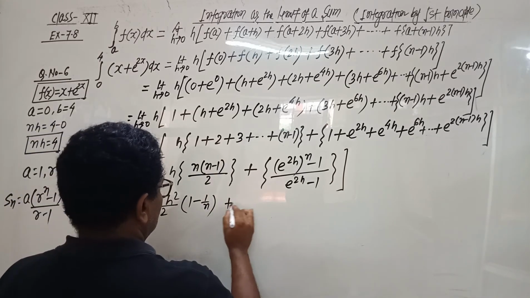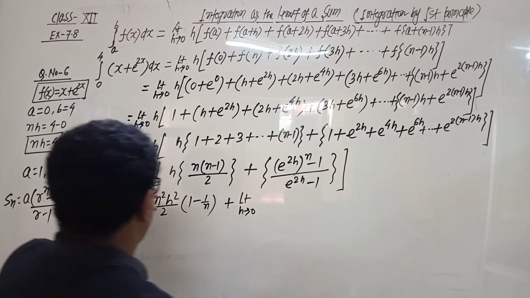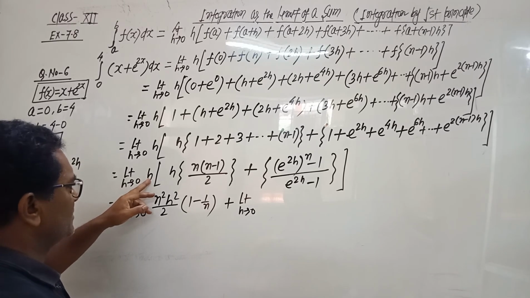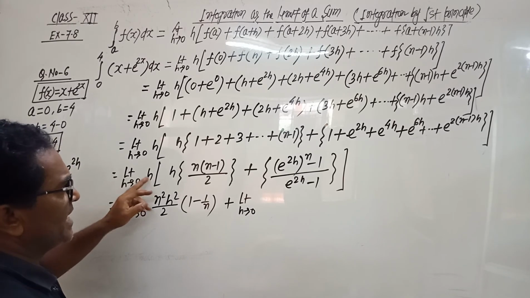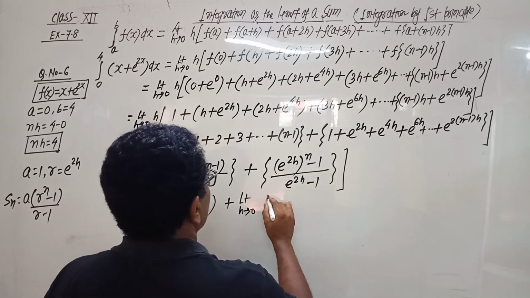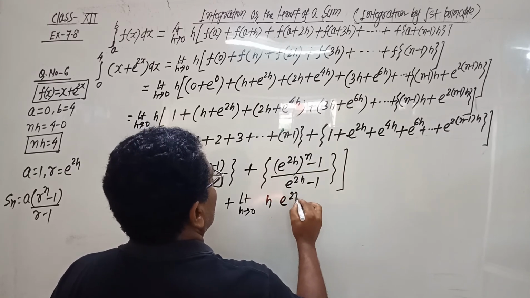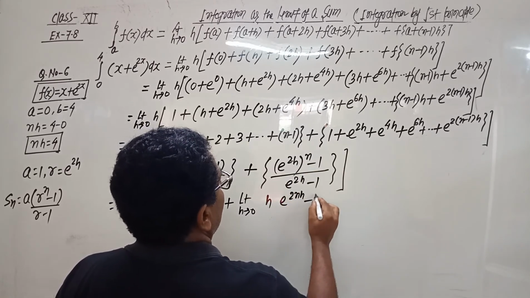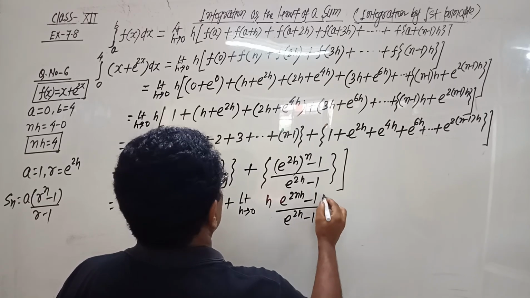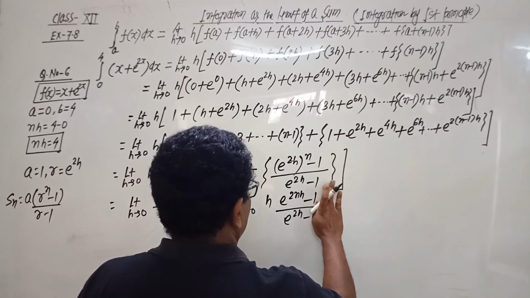Now plus limit h tends to 0. Outside there is h, so h into (e raised to the power 2nh minus 1) upon (e raised to the power 2h minus 1). So we have separated both the terms.